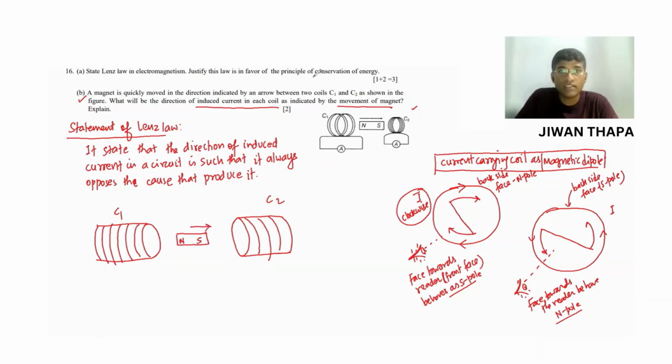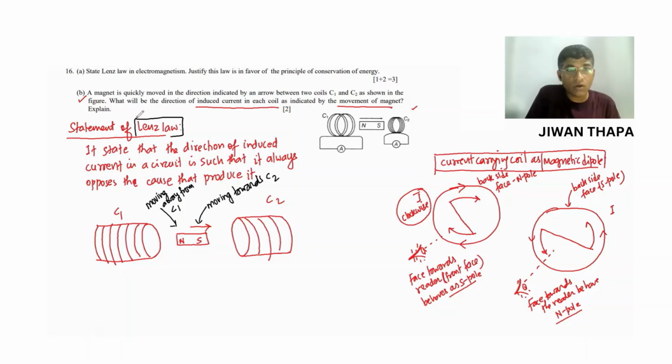So what we find, it is moving towards C2 and is moving away from C1. So we are going to use the concept of Lenz's law.